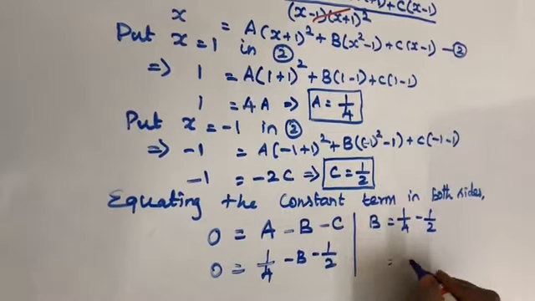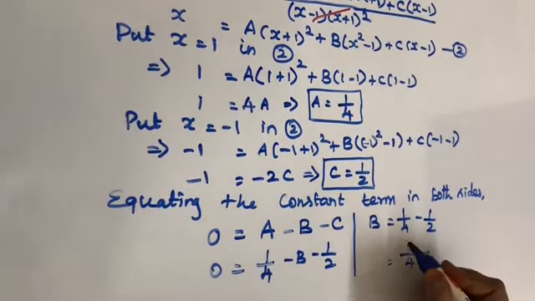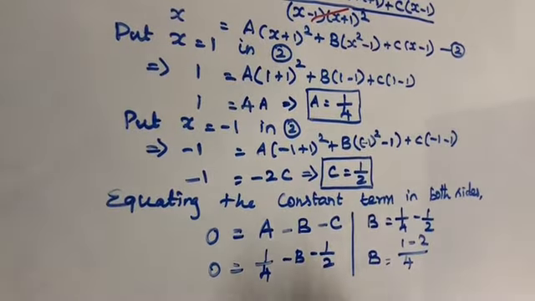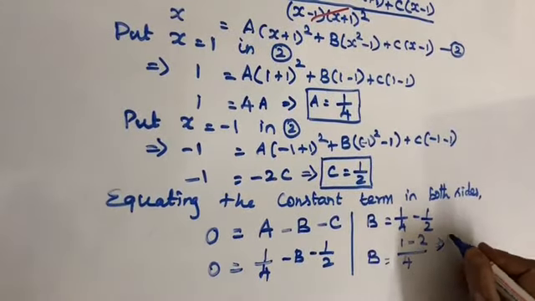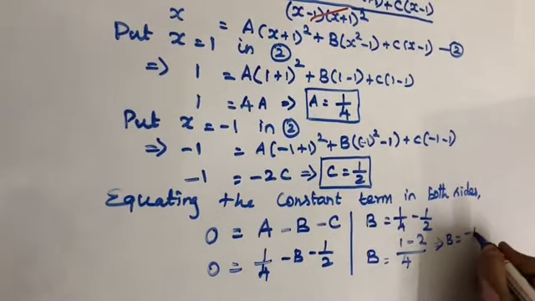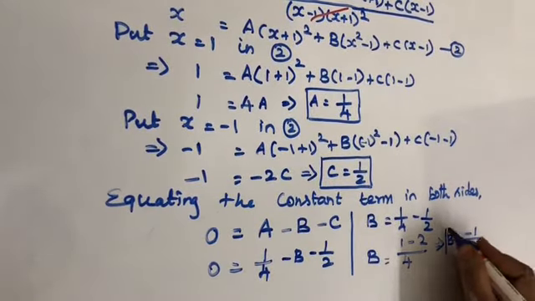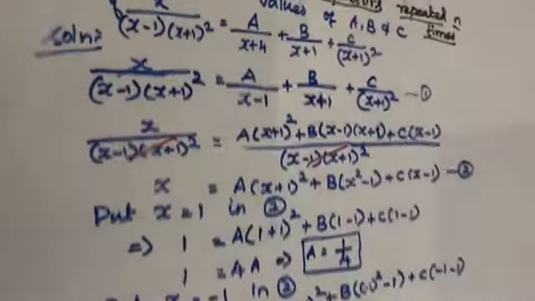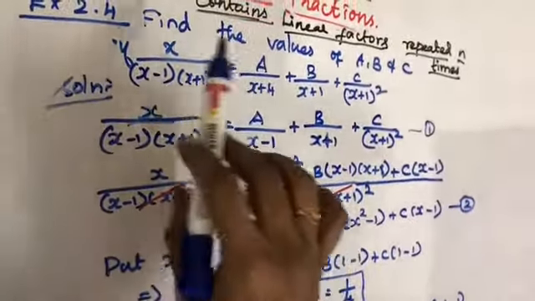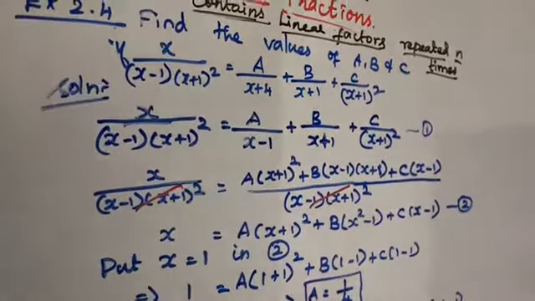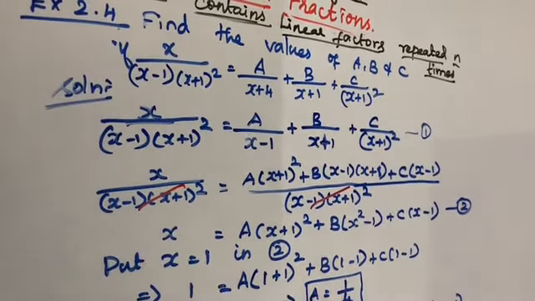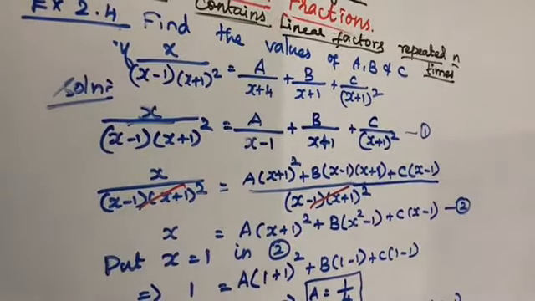So taking LCM 4, here 1 minus 2. Okay, that implies b is equal to minus 1 by 4. These are the three values of a, b and c. We have to find the values, right? Find the values of a, b and c. So a is equal to 1 by 4 and b is equal to minus 1 by 4 and c is equal to 1 by 2.